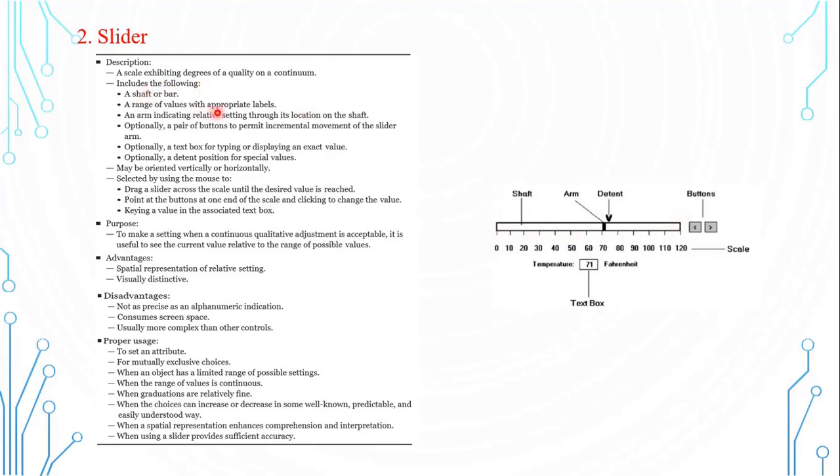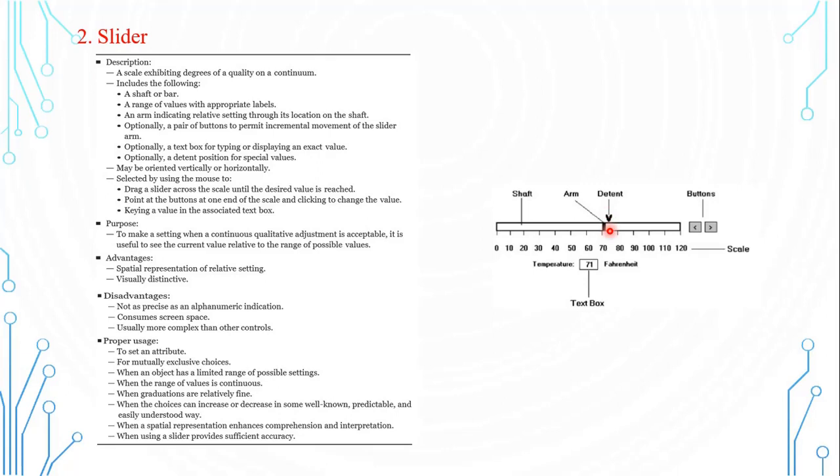A range of values with appropriate labels you can place on the shaft itself. Here they have given 0 to 120. That is the range of values for this particular slider. An arm indicating relative setting through its location on the shaft. So you have an arm here.